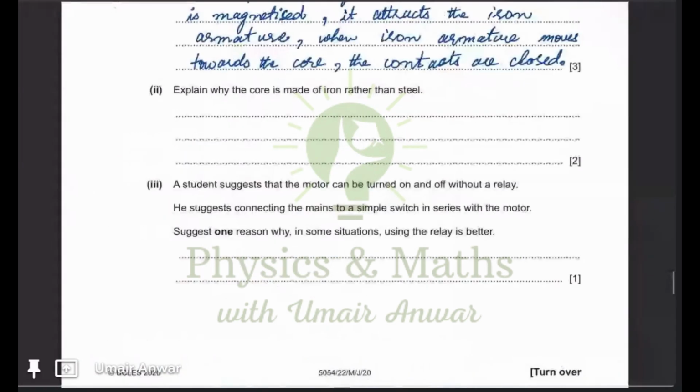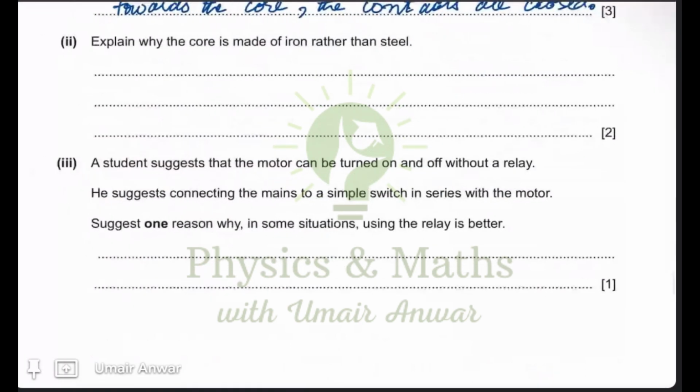Explain why the core is made up of iron rather than steel. We know that steel is a permanent magnet and it is a hard magnetic material. So when we switch on the circuit, and then open the switch, it would retain its magnetism and the motor would not get switched off quickly.